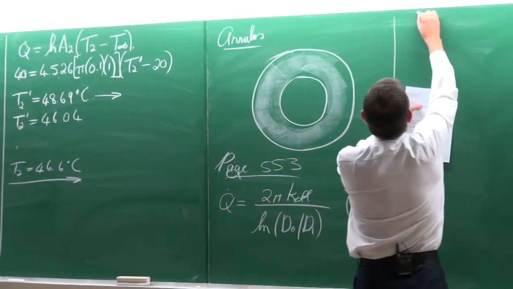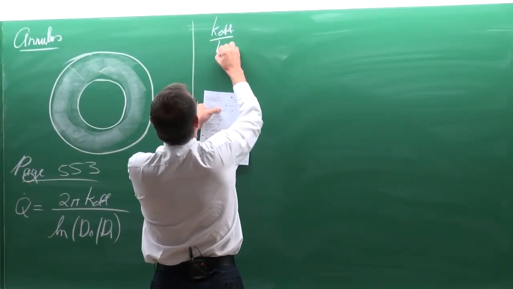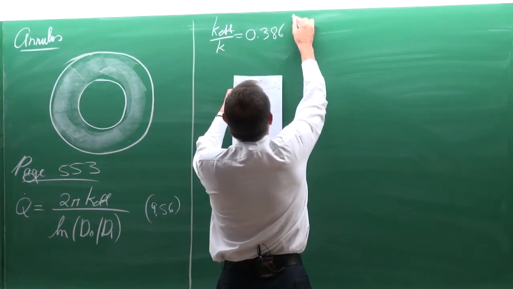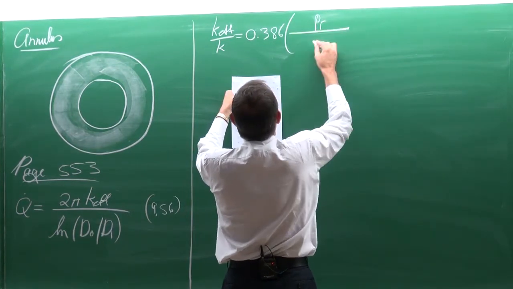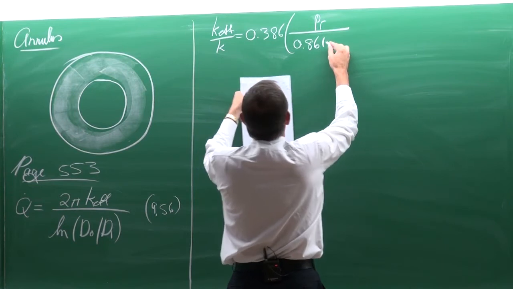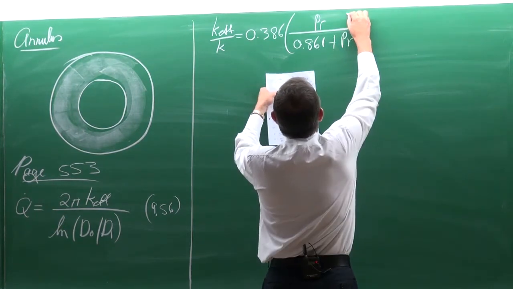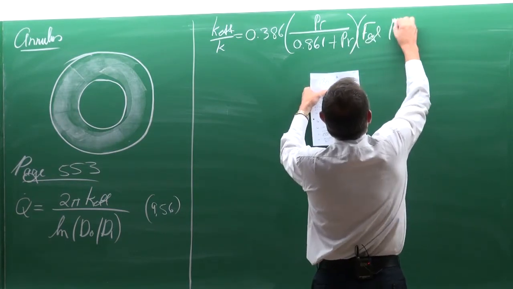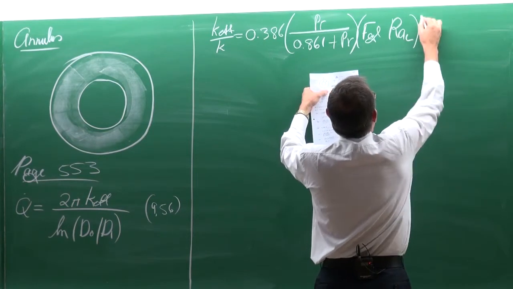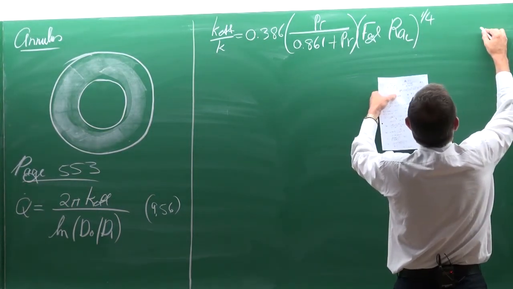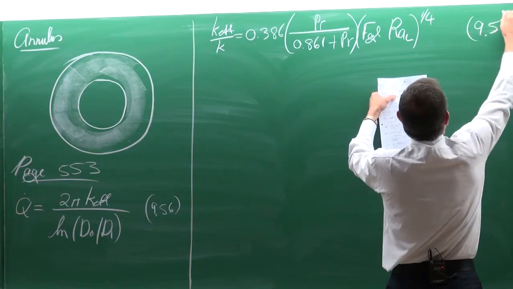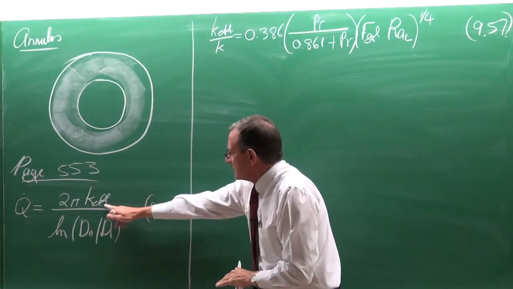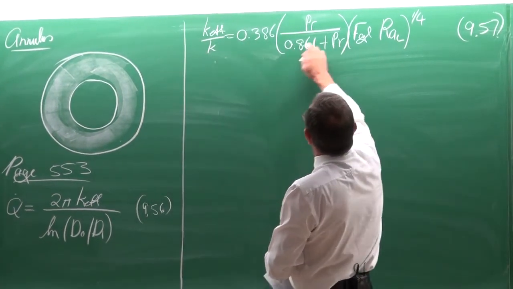Then it also gives that k effective divided by k is equal to 0.386 multiplied by Prandtl divided by 0.861 plus Prandtl, everything multiplied by F cylinder, multiplied by Rayleigh L, everything to the quarter. And that is equation 9.57 in your textbook. So we can now immediately see that here's a k effective that we can determine.